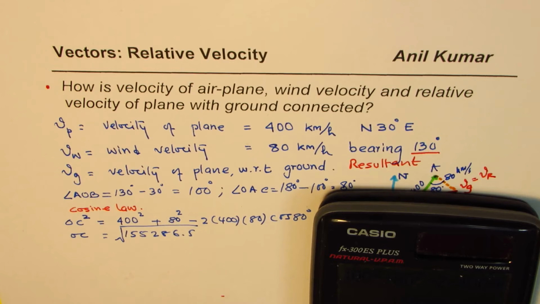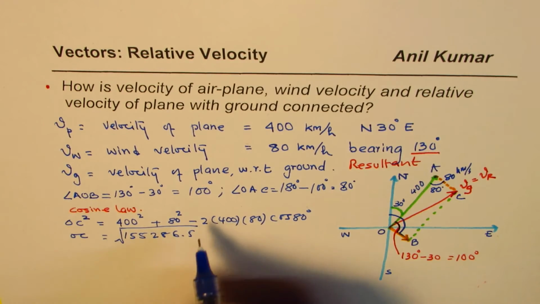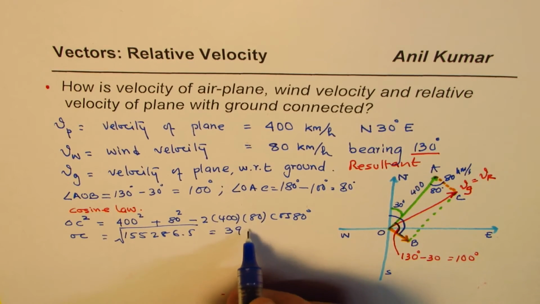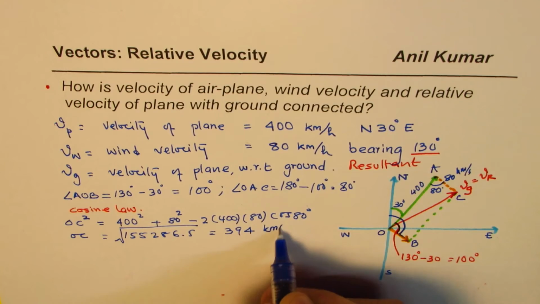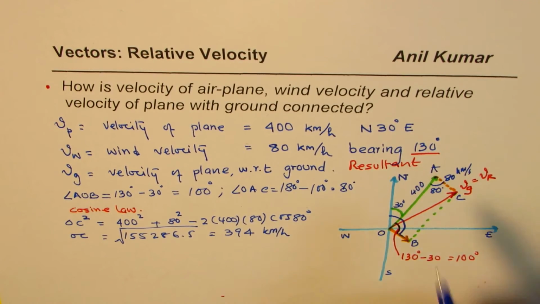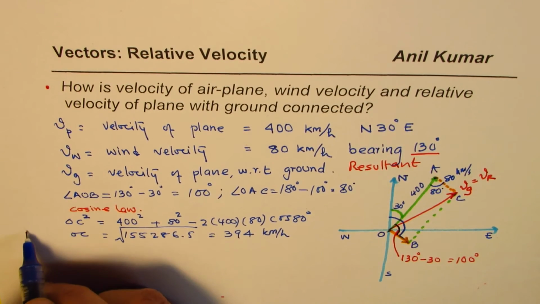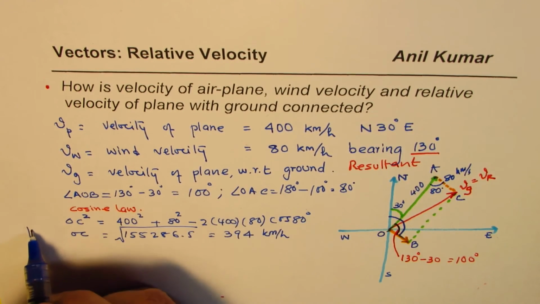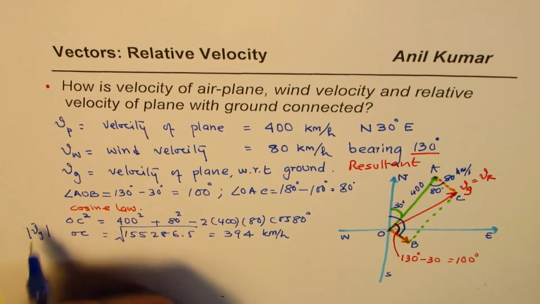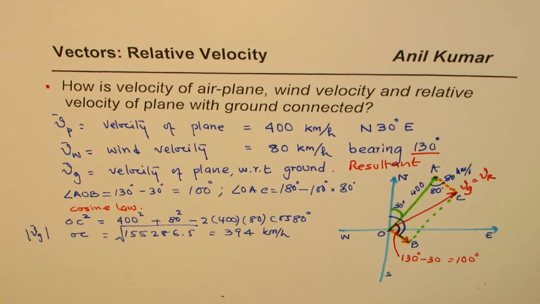So we take the square root of this number. Square root of the answer equals 394. We'll take this 394. Okay. So we get 394 kilometers per hour as the resultant, right? So OC, which is right there, is 394. So the magnitude of the ground velocity or the resultant velocity, since they are velocities, is 394, correct?